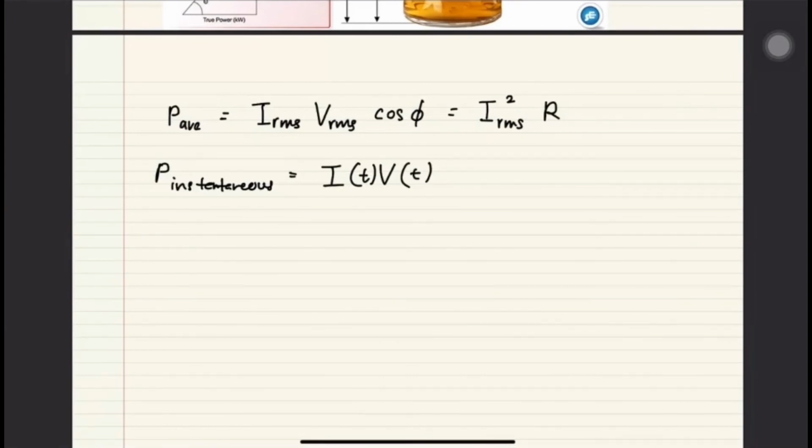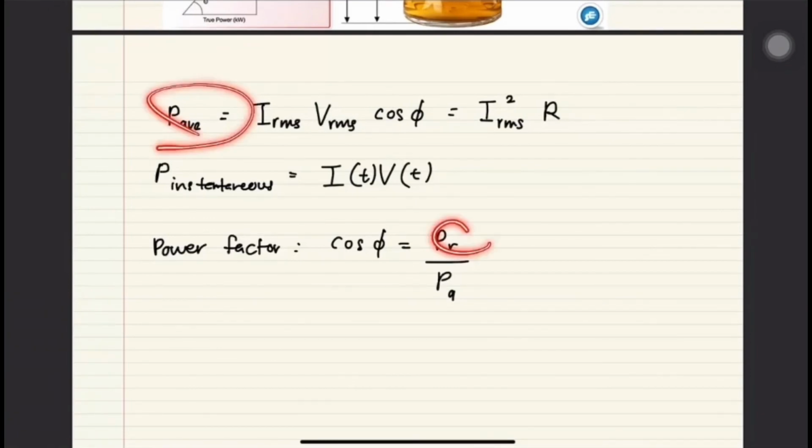Okay. And the last part yang kita belajar adalah buat power factor. Power factor is your cos phi. Dia adalah real power divided by apparent power. So, yang P average yang kamu kira tadi tu, dia sebenarnya adalah the real power lah.